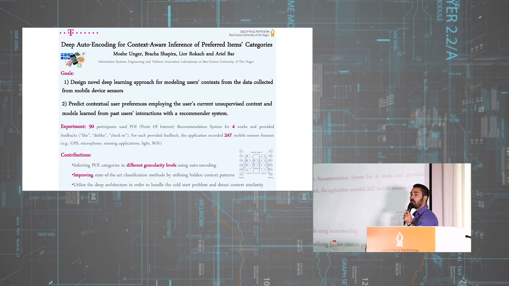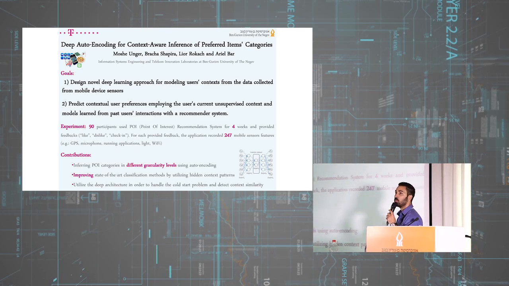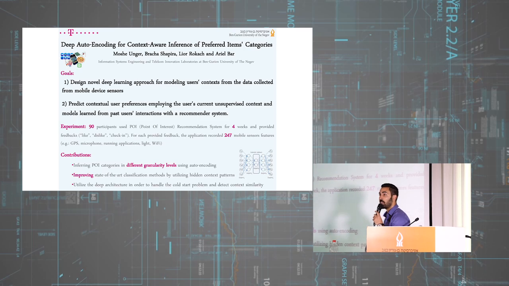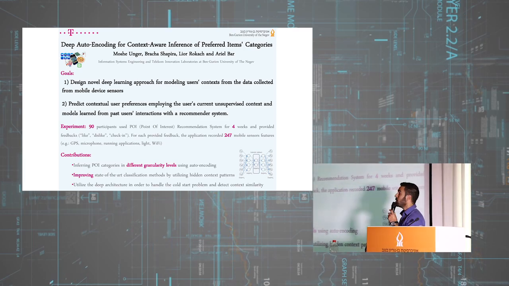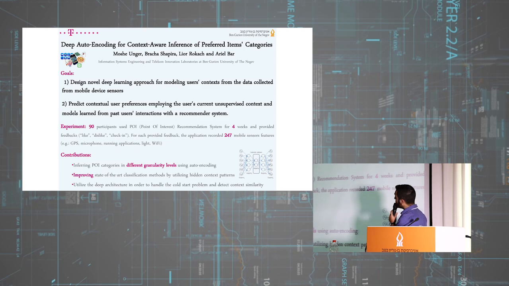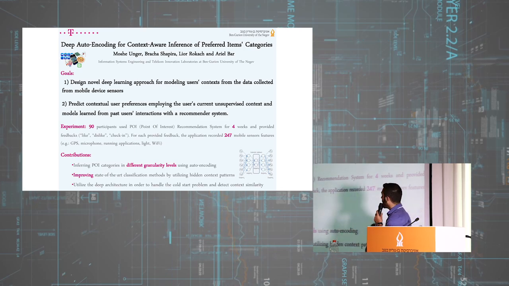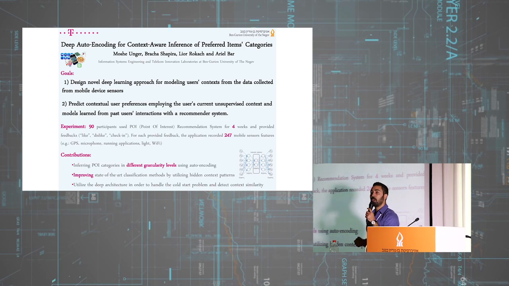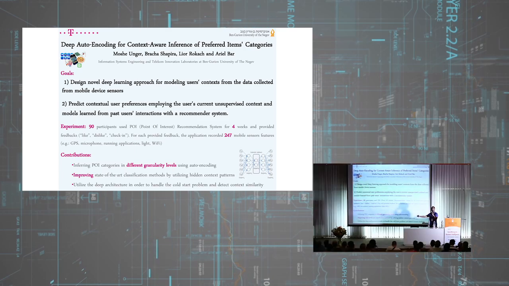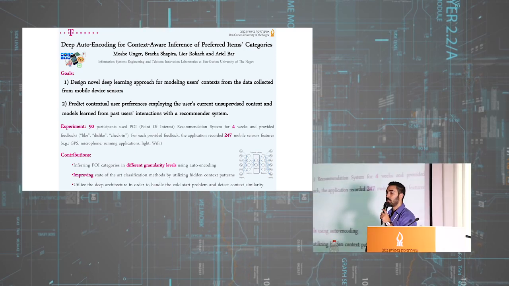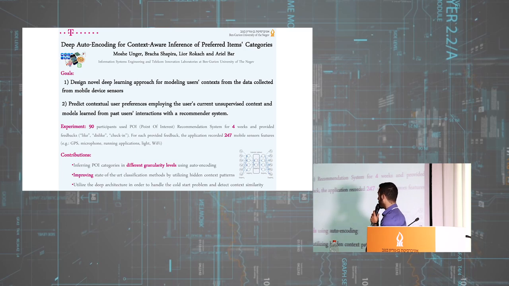Our main focus of the research is to predict users' context and model it with a deep learning technique, and also to infer the POI category of the user in a contextual situation. For example, if we take the mobile sensors from the user's mobile phone, we can predict what kind of POI genre is related to this user in his current context.